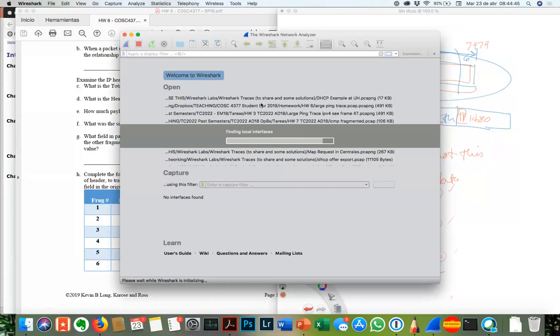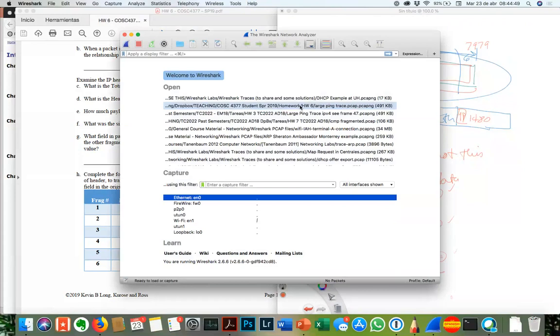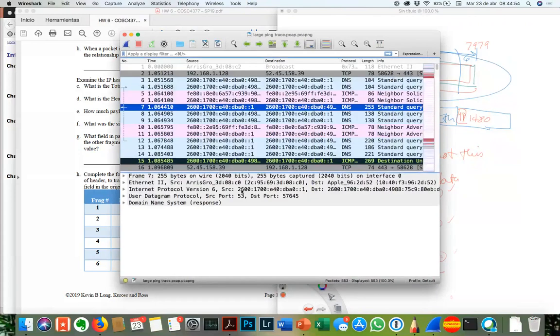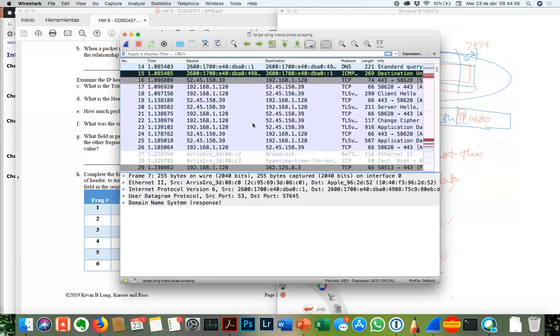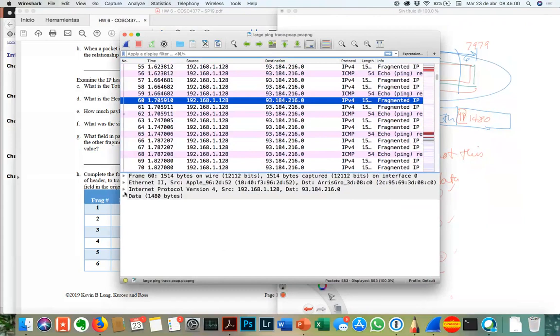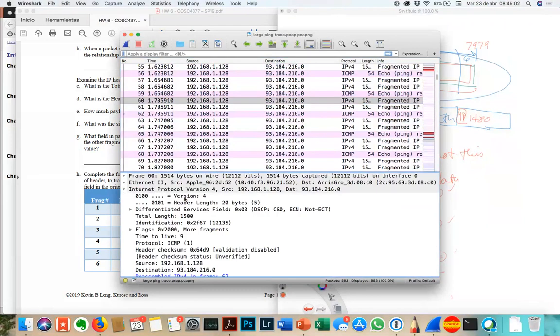So let me see if I can find this. Large ping trace. All right, here it is here. So what I want to look for here are some IP datagrams and some fragments. Okay, so here's an IP datagram. If I look at the flags, it's a fragment.